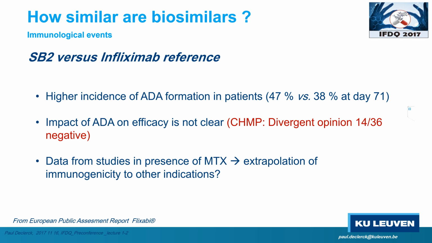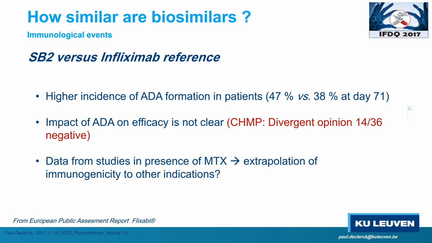Another point is, when you evaluate the clinical biosimilarity, as I have briefly mentioned, you don't have to have a full clinical package. So it's also very important that you select a particular patient population that is indeed representative for the other patient populations.